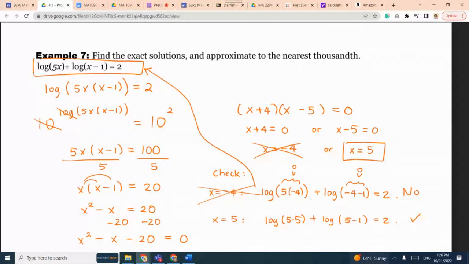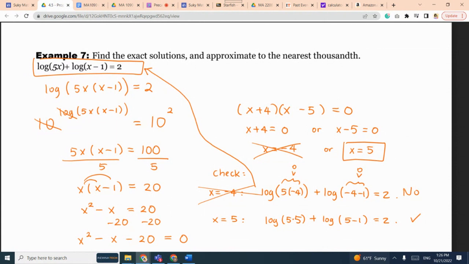Is that clear, everybody? And then for 5, you put log of 5 times 5. That's okay. And then you can put comma, log of 5 minus 1. That's okay. And then you say okay. Is that clear, everybody? You just need to check whether it is in the domain of all the log functions.